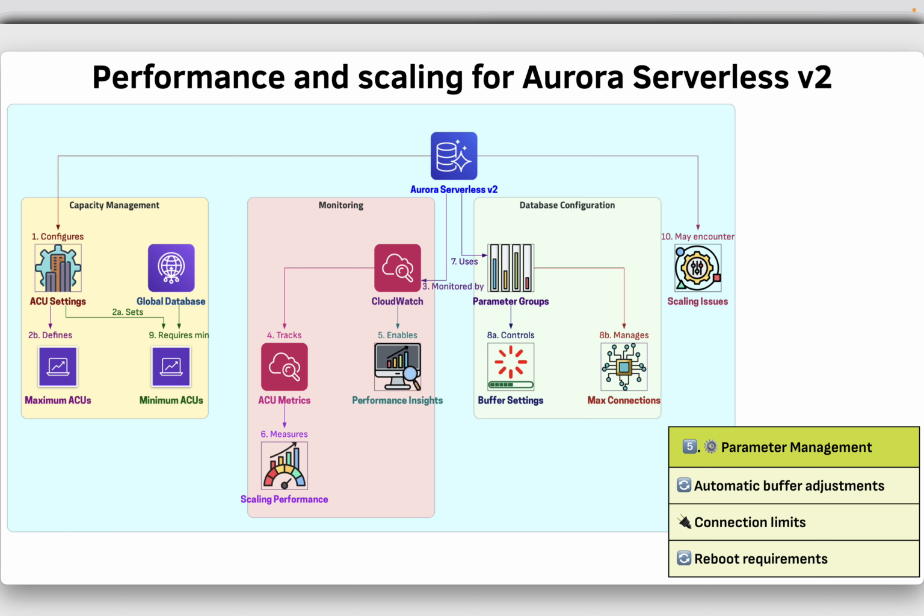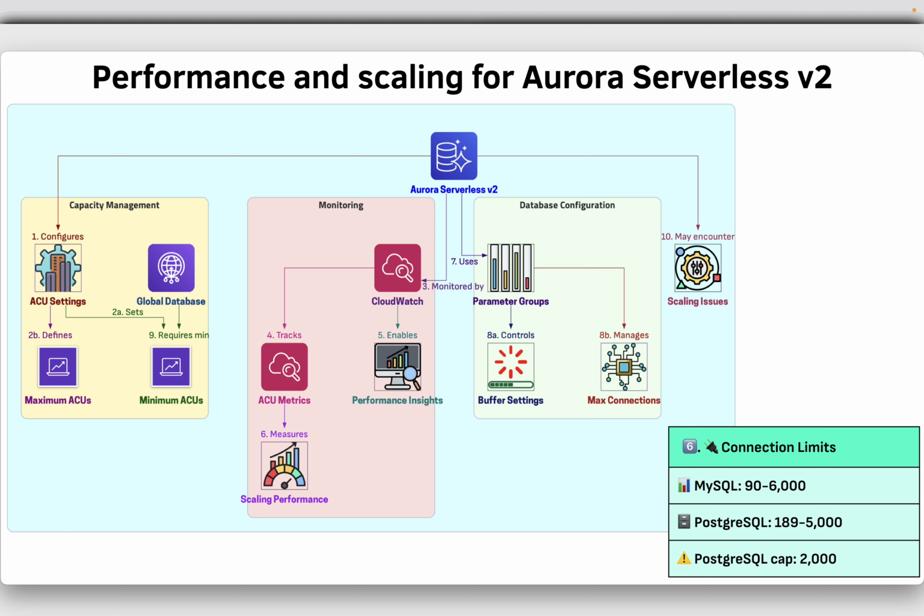Parameters like InnoDB buffer pool size, which is applicable for Aurora MySQL, and shared buffers, which is applicable for Aurora PostgreSQL, are automatically adjusted during scaling, while max connections is set based on maximum ACU capacity and requires a reboot to update.